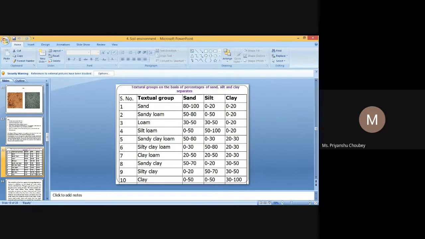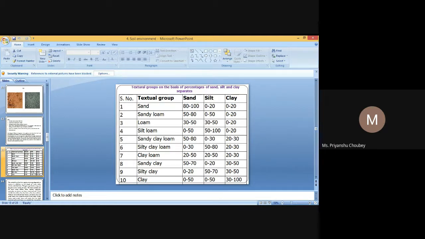The table shows texture groups on the basis of the percentage of sand, silt, and clay. Texture group first, and second sand and clay. First, sand: 80 to 100% sand, silt 0 to 20, and clay 0 to 20.